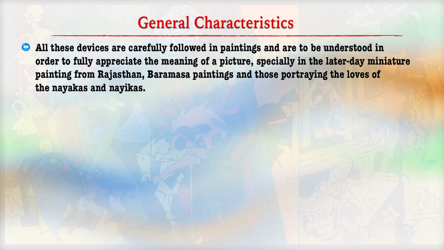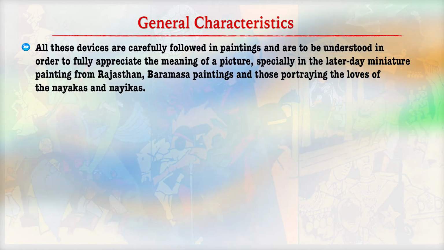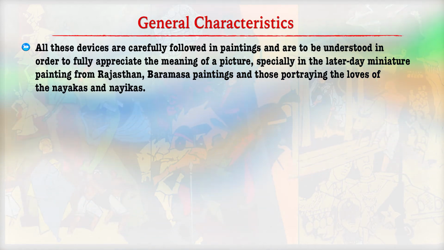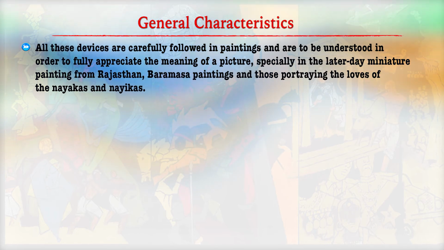So, all these scenes are carefully painted and are understood by the spectators in order to appreciate the meaning of the picture, and especially the miniature paintings of India portray a number of such scenes related to Nayaks and Nayikas.